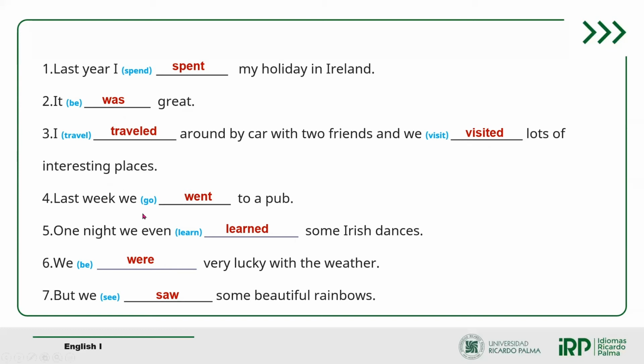Last week, we went to a pub. One night, we even learned some Irish dances. We were very lucky with the weather. But we saw some beautiful rainbows. Very good. Let's continue.